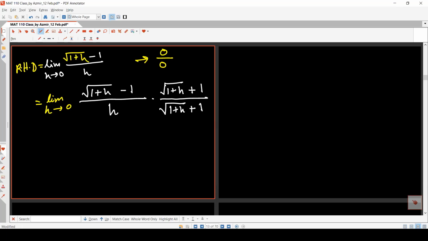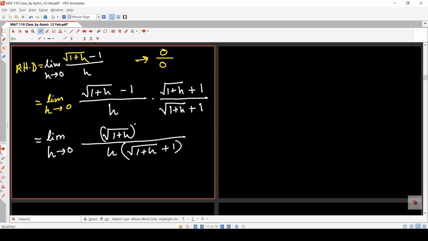We have just multiplied this quantity so that we can simplify the given limit. So here you can see that in denominator we have a times square root of 1 plus a, plus 1. Now (a minus b)(a plus b) will be a squared minus b squared.